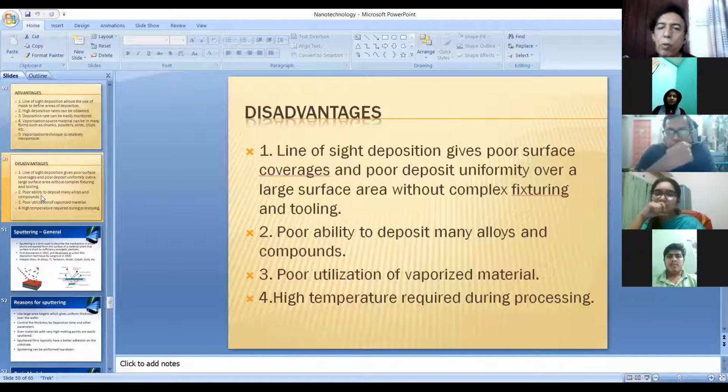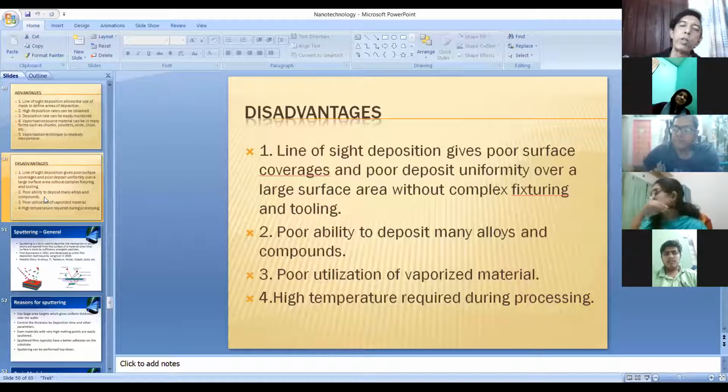But if you attach some tool or instrument with this chamber, then it will give you better quality thin film, but the cost will be higher.